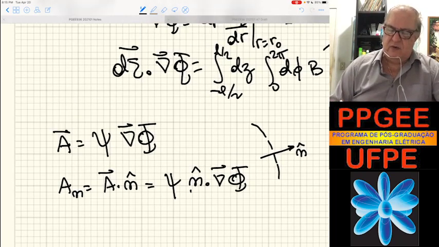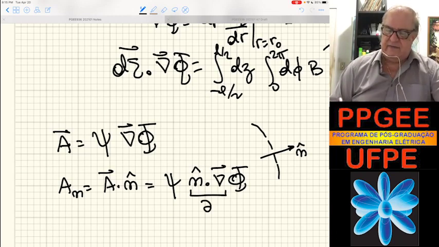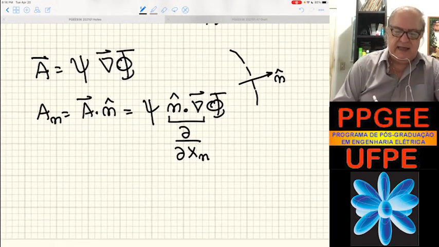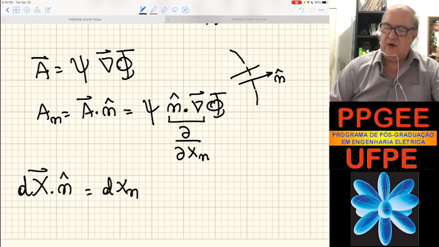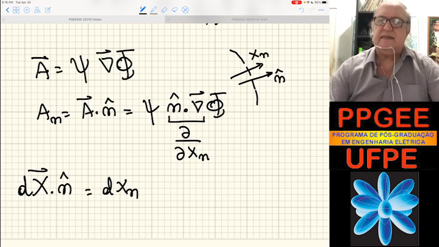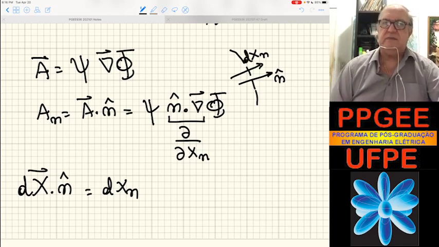Well, this is the normal component of the nabla, which is the derivative relative to the normal coordinate I'm going to call x_n. So you see that dx dot n equals dx normal. So let's say that we have a normal coordinate.